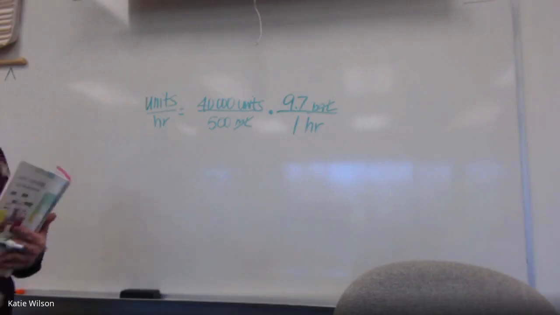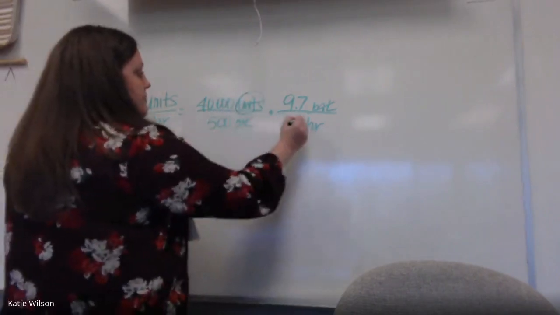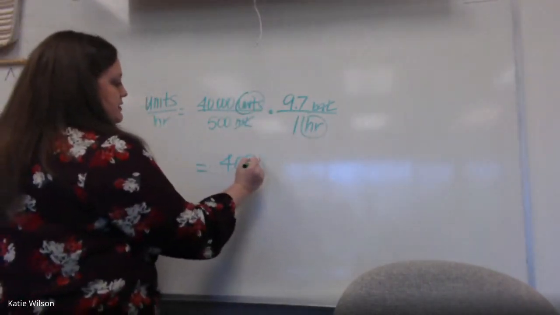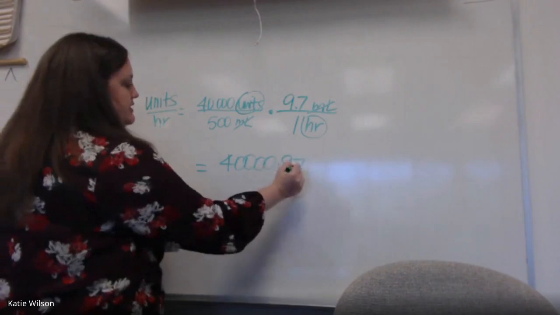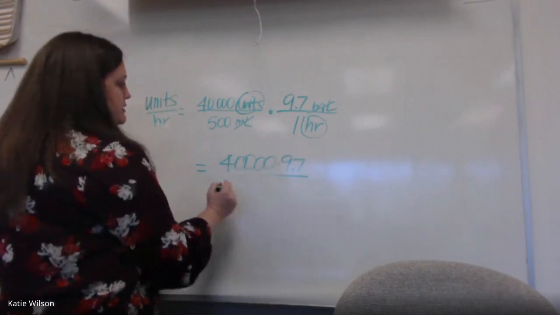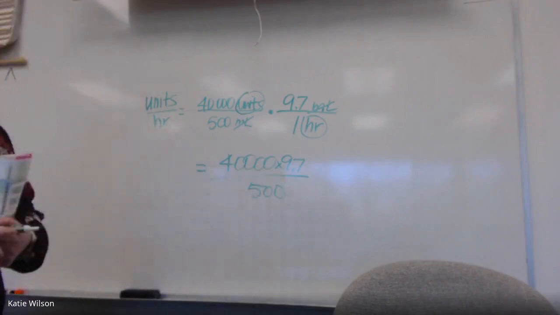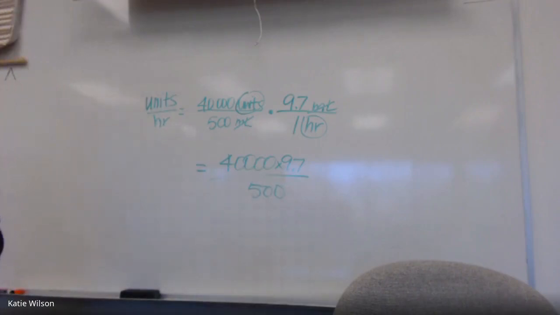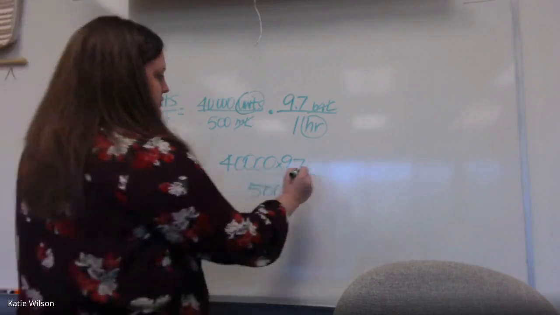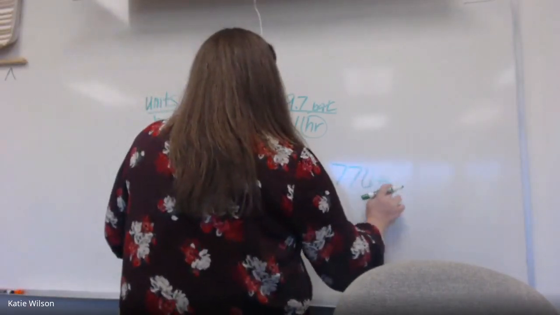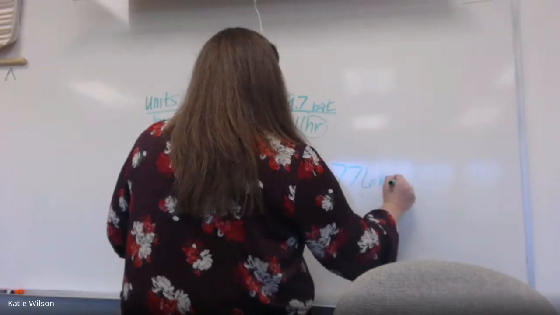I've got everything canceled out, with units on top and hours on bottom, which is what I'm solving for. So 40,000 times 9.7 all over 500. And then what is our final answer? 776 units per hour.